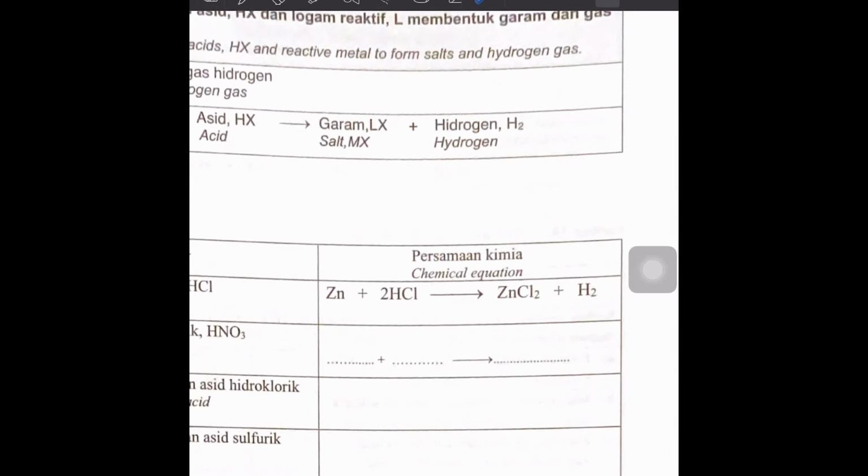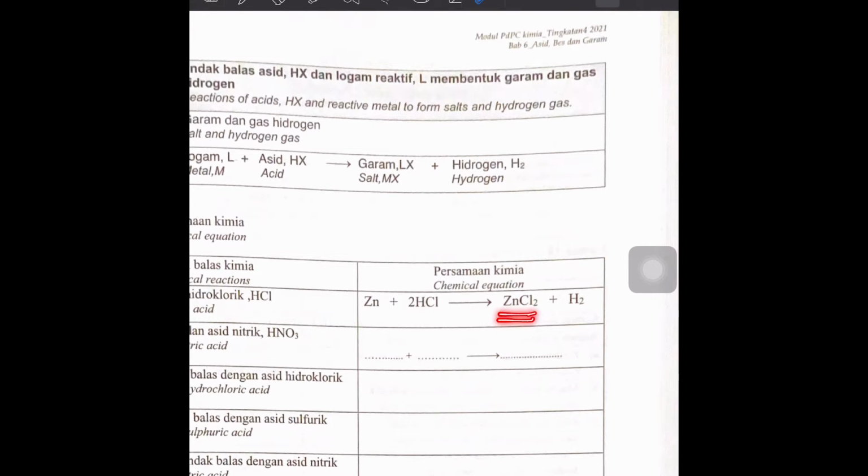So how is ZnCl2 formed? Let me simplify it like this. Zinc is Zn2+, right? And H is H+ with Cl-. So when you want to find the product, you need to combine the positive and the negative one.